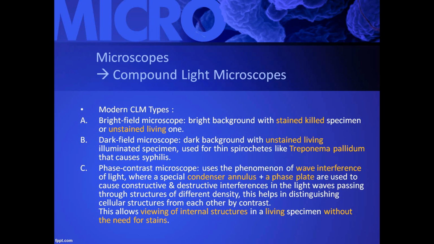So there will not be much contrast when using it for unstained specimens, but we might use it for unstained because staining the specimens will kill them. So we don't have stained and living specimens. It's either stained and killed, or unstained and living.